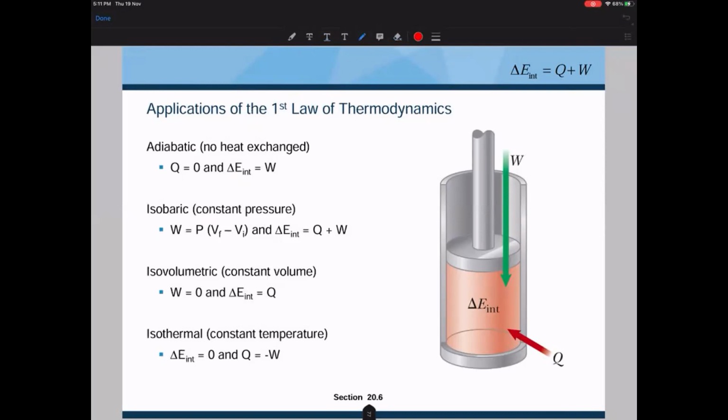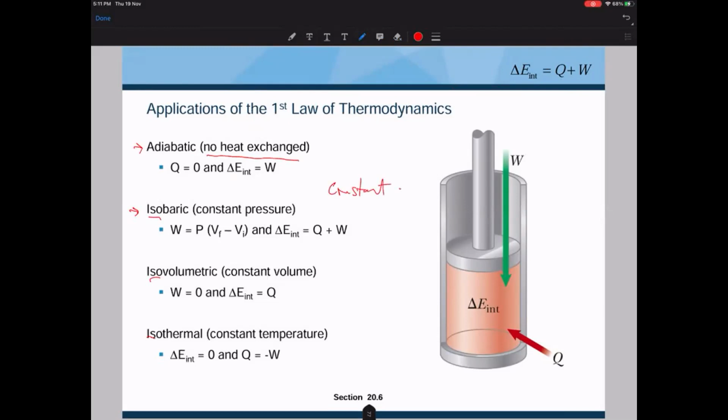And as you will see here, they correspond to some special situations of doing the processes. The first one is called adiabatic, which involves no heat exchange with the environment. And the second one is isobaric.